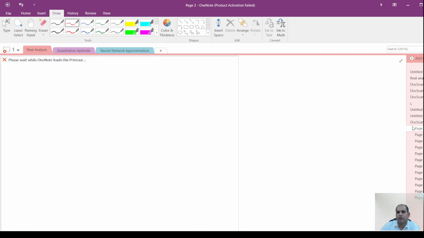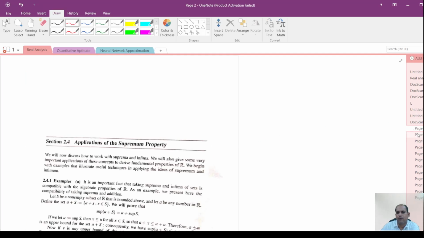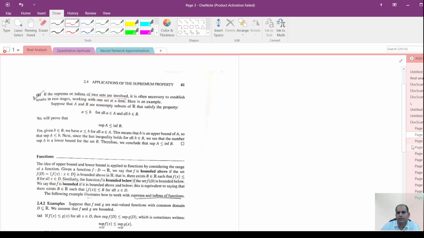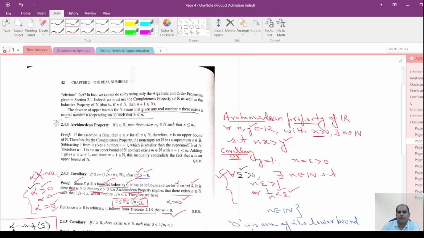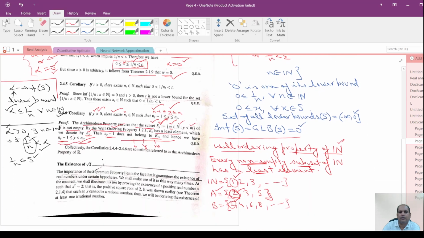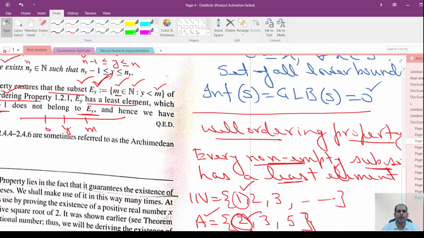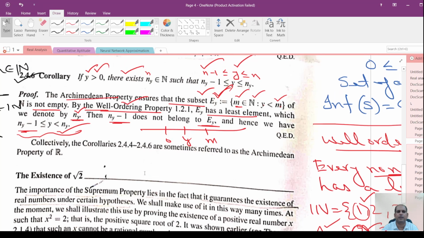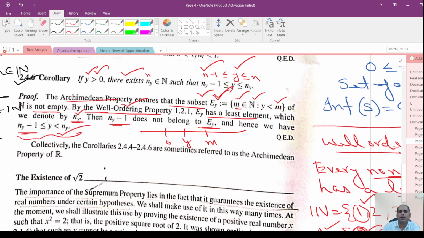For the proof of this I need to recall the previous argument, whose proof I discussed in the earlier lecture. Using the well ordering property, I have already discussed this corollary: if y is greater than 0, then there exists a natural number n_y such that n_y minus 1 is less than or equal to y is less than or equal to n_y.